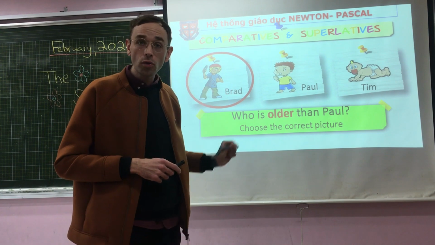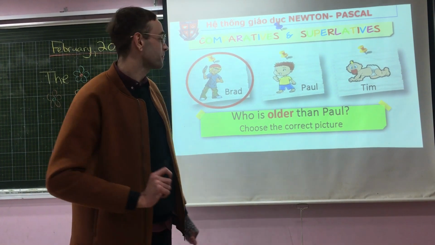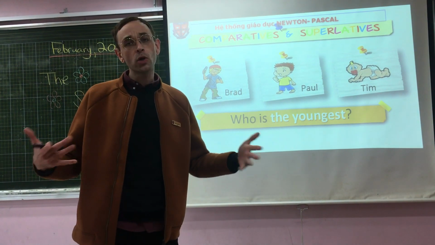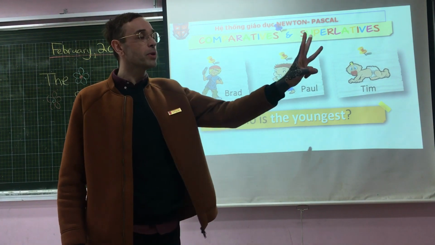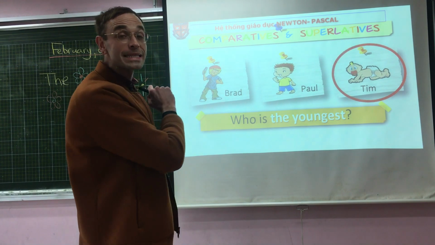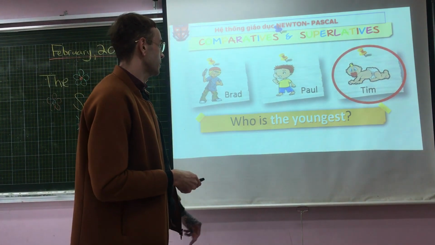Brad is the oldest. Did you get that answer too? I hope so. All right. If Brad is the oldest, then who is the youngest? Everybody answer out loud in 3, 2, 1. That's right, Tim. Tim is the youngest. Okay.